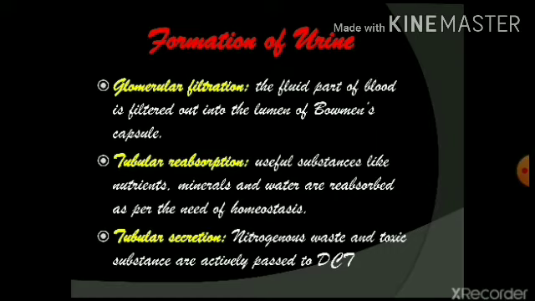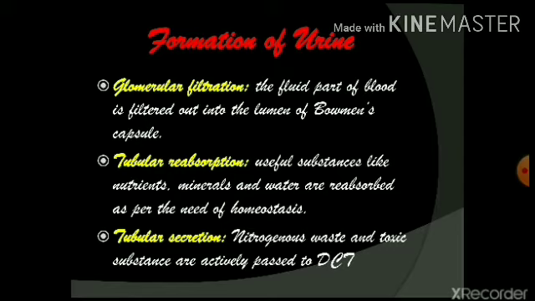Now these PCT, DCT and Henle's loop are richly supplied with blood capillaries once again. So whatever nutrients are reabsorbed by these tubules will be finally poured back into the capillaries, and these capillaries will finally carry the nutrients back into the vena cava and will be circulated back into the circulatory system.